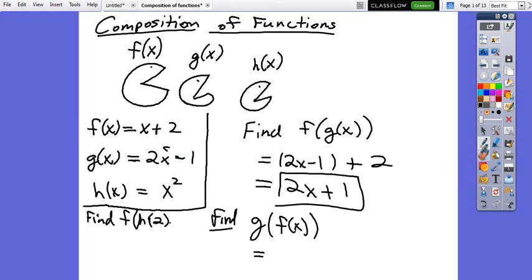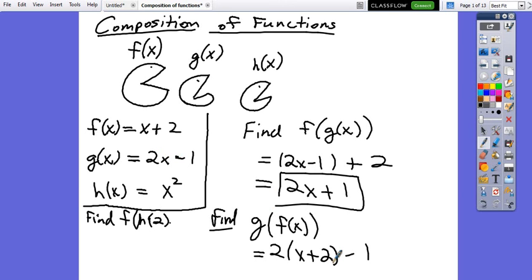So it'll be 2 parentheses, minus 1. The stuff in parentheses is function f. What is function f? x plus 2. So x plus 2 goes inside the parentheses.